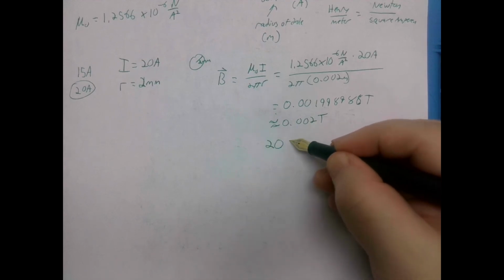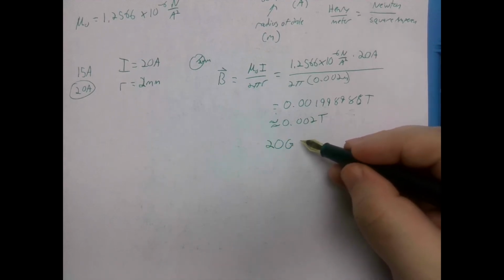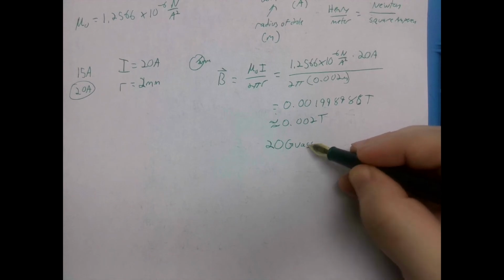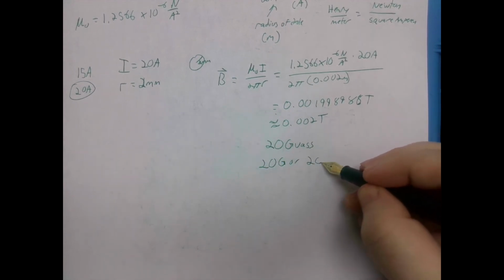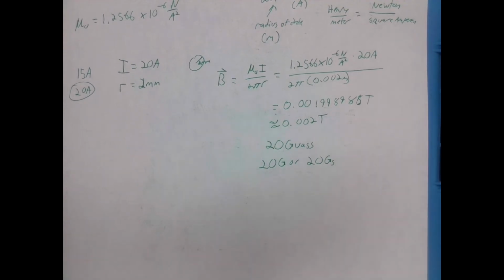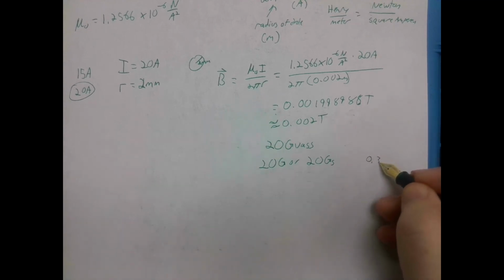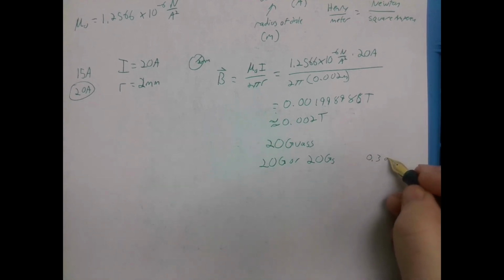So 20 Gauss, which is usually abbreviated as 20G or 20GS. I use capital G, but it does get confusing. And Earth's magnetic field strength is 0.3 Gauss.